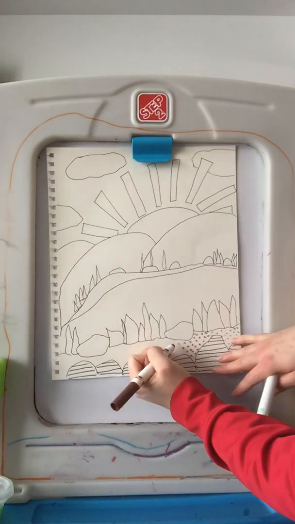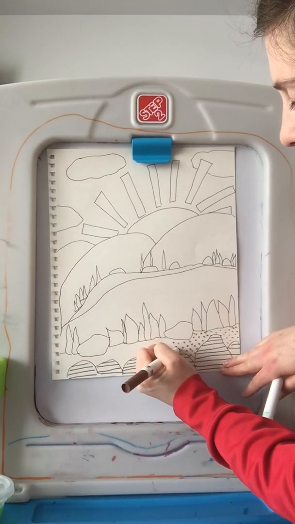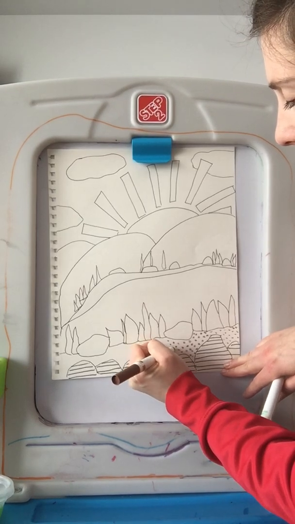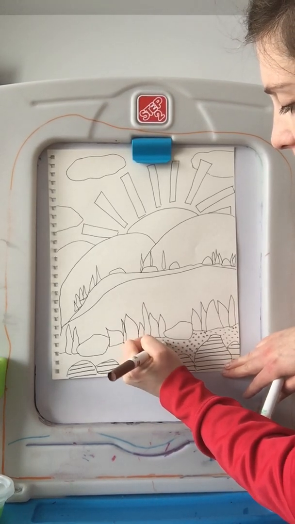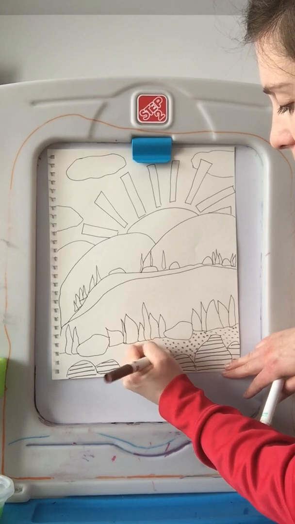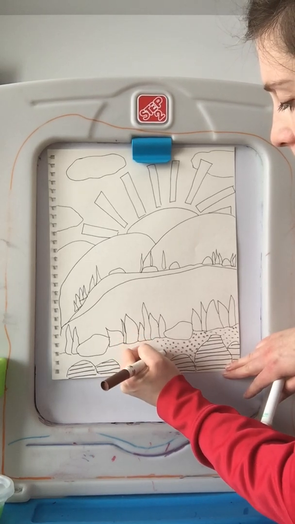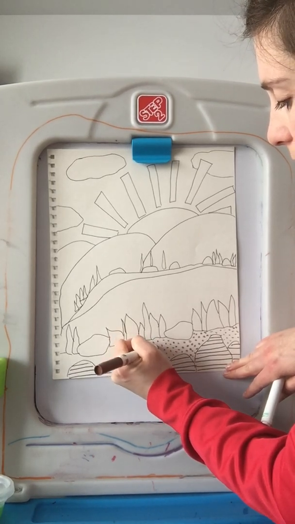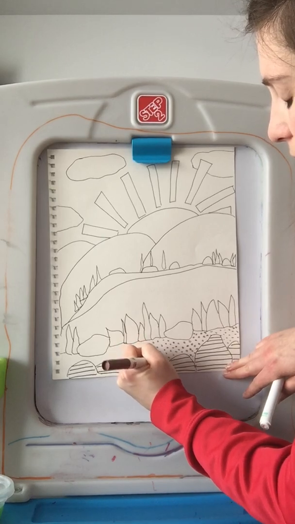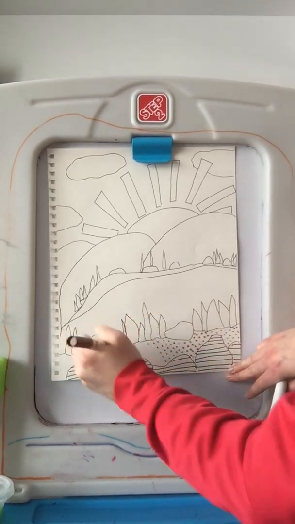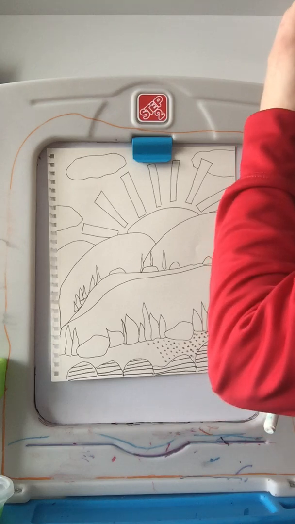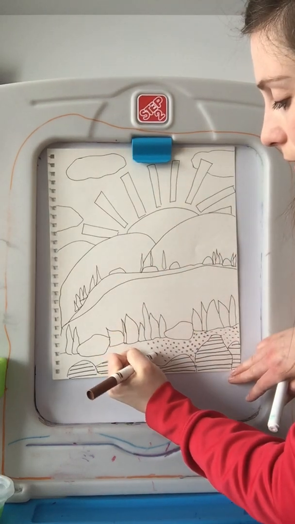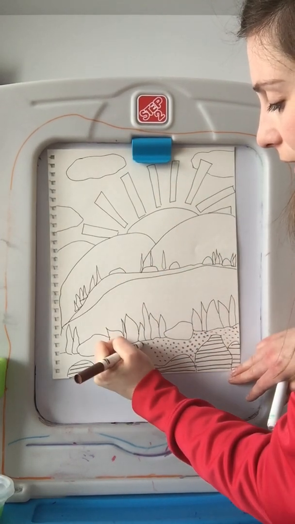I'm being very intentional with where I place my dots, how far apart they are. I'm kind of going in a diagonal line with my dots. I want it to be pretty equal all the way through. I do not want you to just go and do this all over if you decide to do dots. We want to keep it nice and clean.